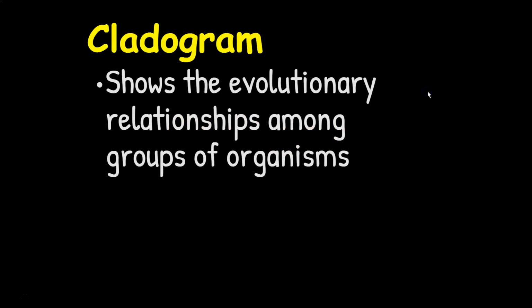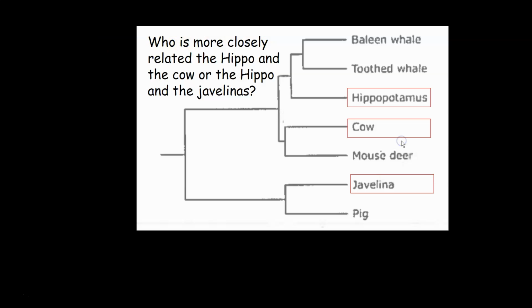So next thing we have is a cladogram, and this is kind of how we chart it. So it shows the evolutionary relationships among groups of organisms. And I think on the video it kind of touched on this as well. So if we look here, this is what a cladogram looks like. And we can see here that they have a common ancestor.